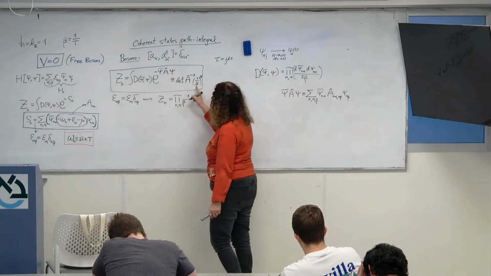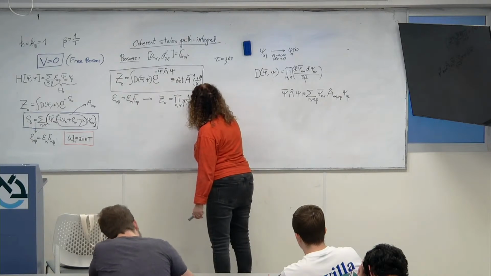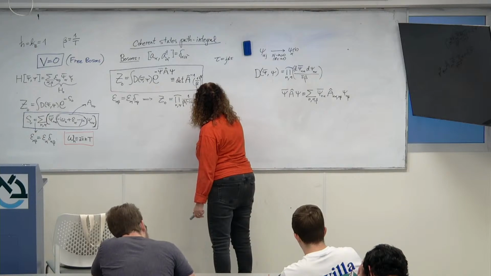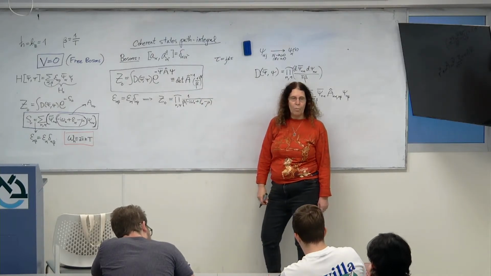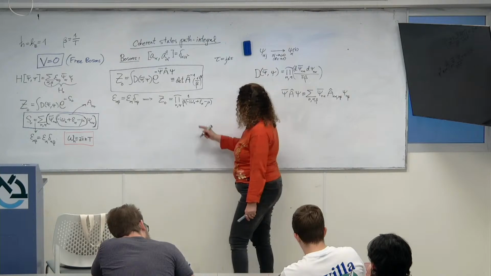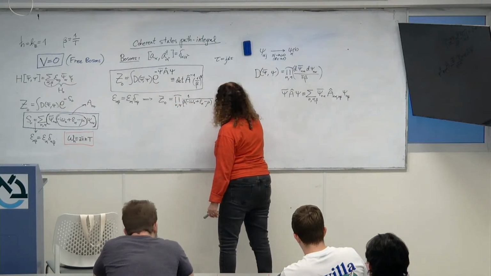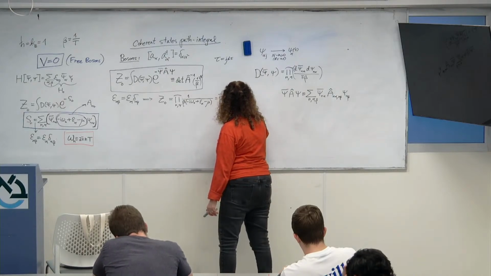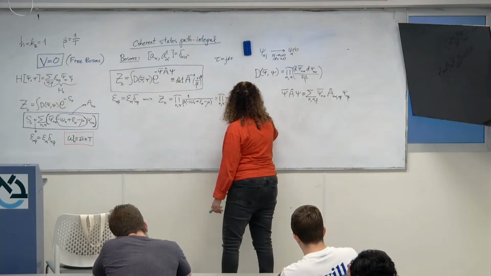And don't forget the factor of beta that comes with every term, minus i omega n plus epsilon alpha minus mu. Okay, that's all. Or, if you remember that beta is the inverse temperature, it's a product over n and alpha of T divided by minus i omega n plus epsilon alpha minus mu, okay?